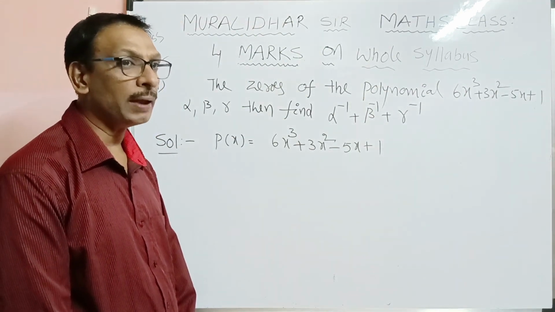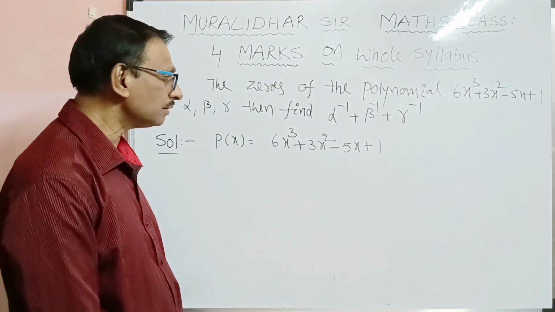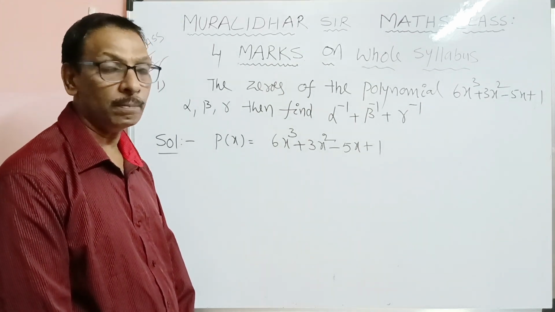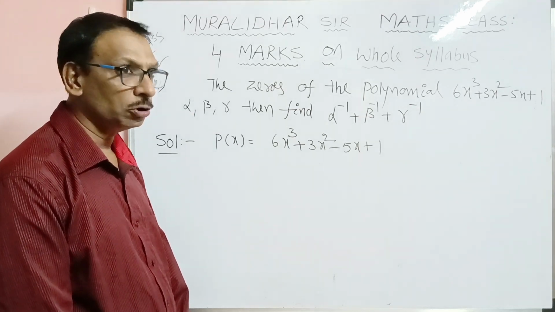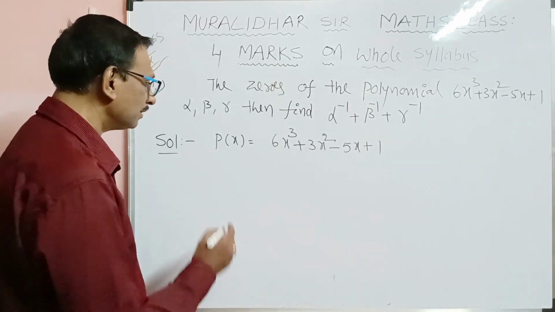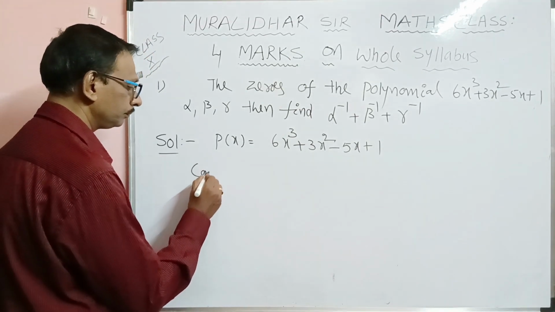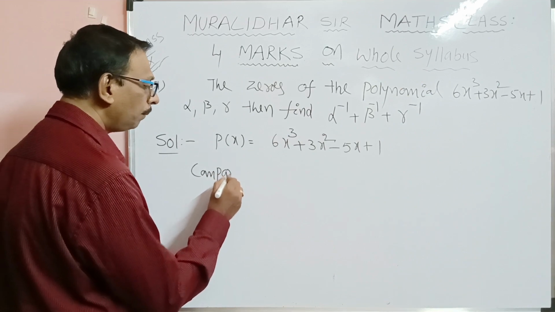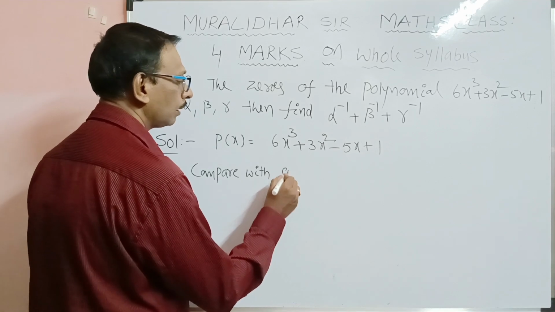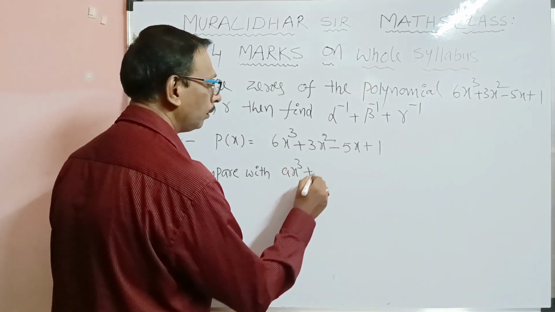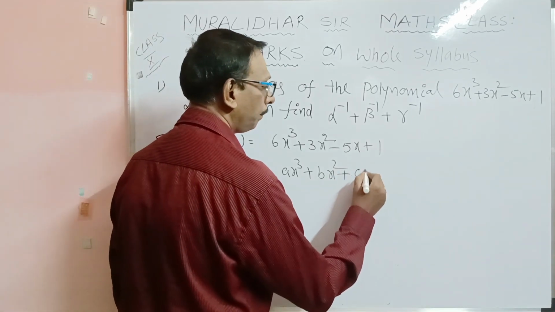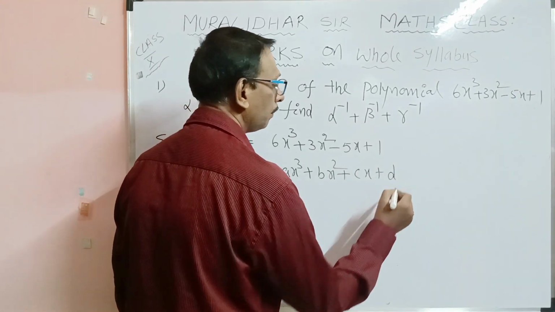Now you compare this polynomial with our standard form ax cube plus bx square plus cx plus d.